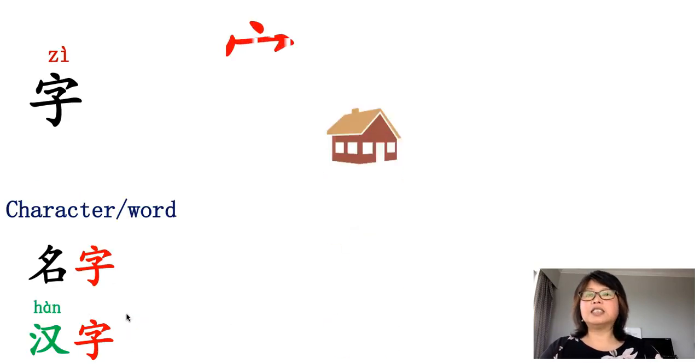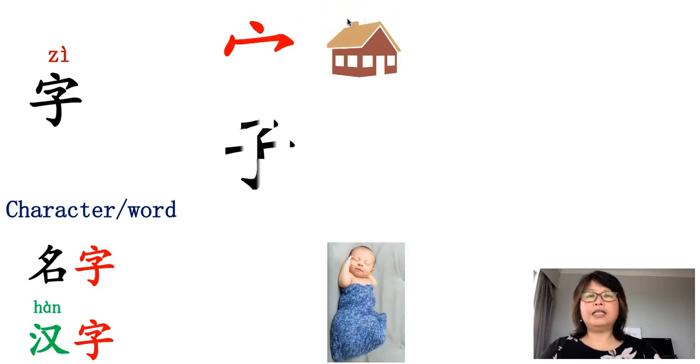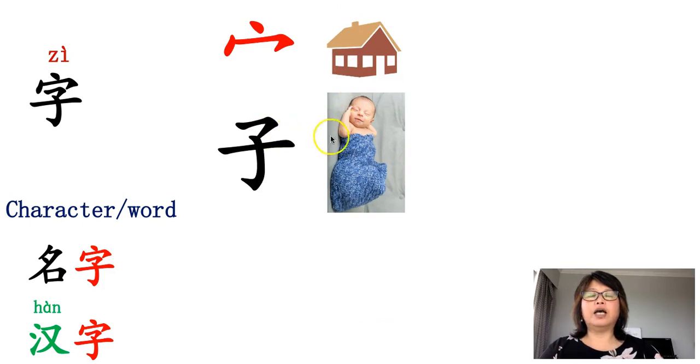Now let's look at 字. The character 字 has two parts as well. The top part is like a roof with a chimney. Underneath is a child. It looks like a child wrapped by a blanket. So we take the bottom bit as the pronunciation, and we call this character 字. It means character or word.